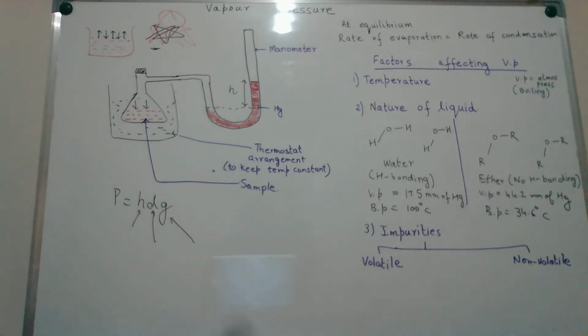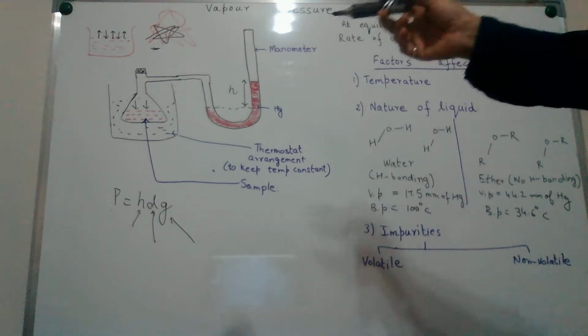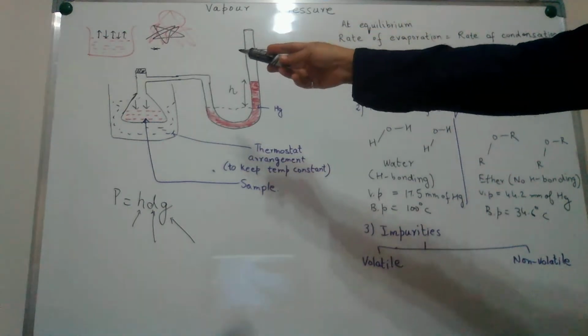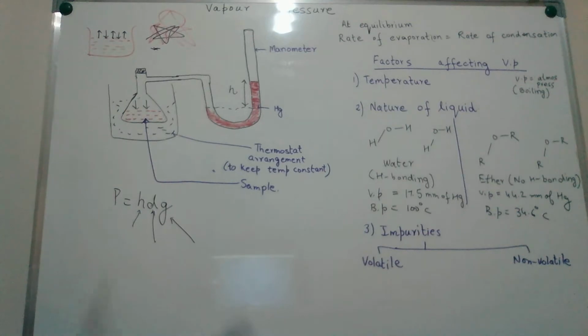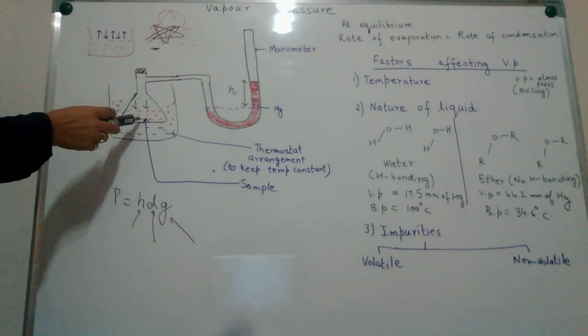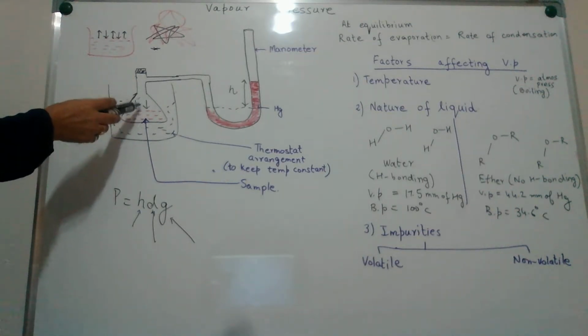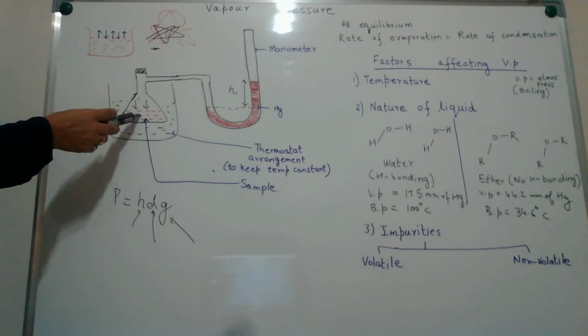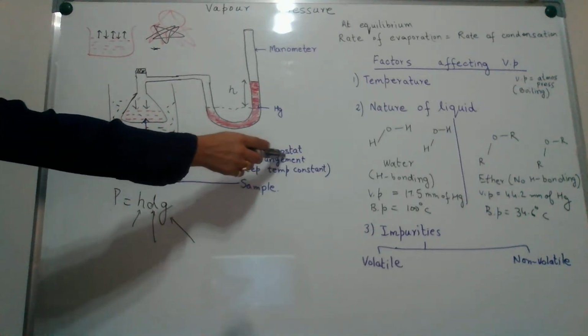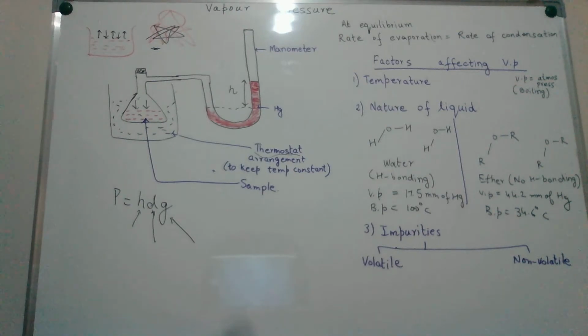In other words, if we have to define vapor pressure scientifically, how will we define it? Vapor pressure is the pressure that the particles of the vapor of a liquid exert over it, provided the two of them are in equilibrium with each other at constant temperature.